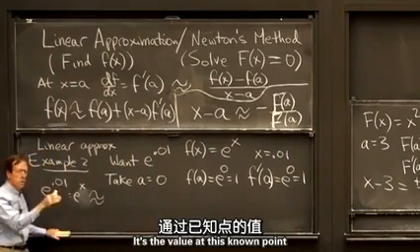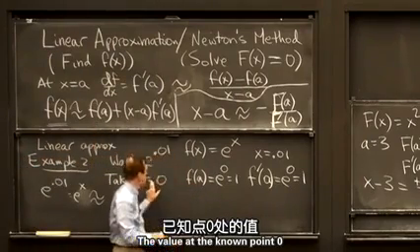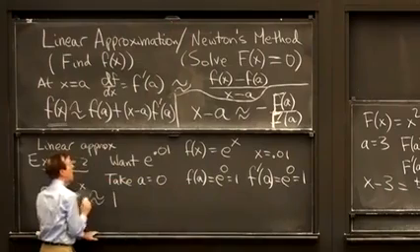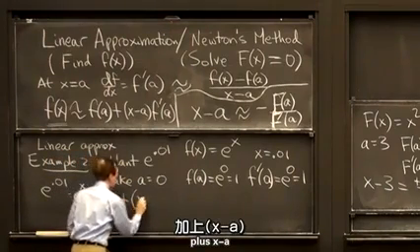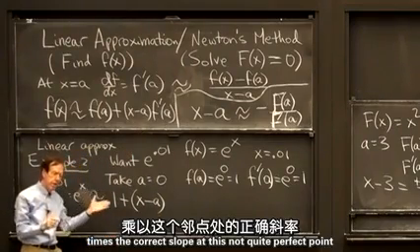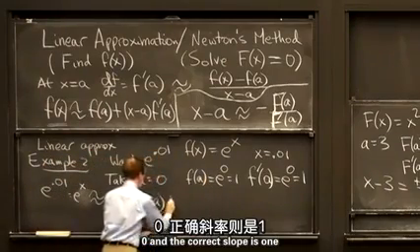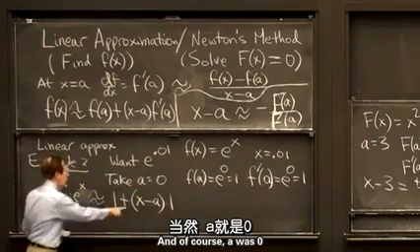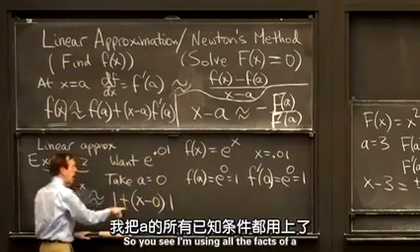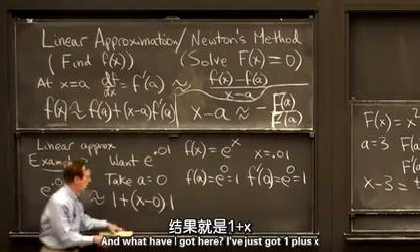It is the value at the known point 0, where the exact exponential is 1, plus x minus a times the slope, the correct slope at this not quite perfect point, 0, and the correct slope is 1. And of course a was 0. So you see I'm using all the facts at a to get an approximate fact at x. And what have I got here? I've just got 1 plus x.